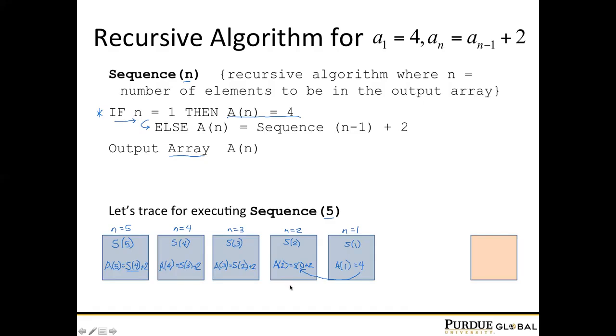And I'm just going to come down here and complete our A of 2 line now. 4 plus 2 is 6. A of 2 equals 6.